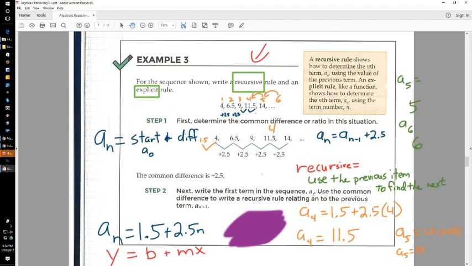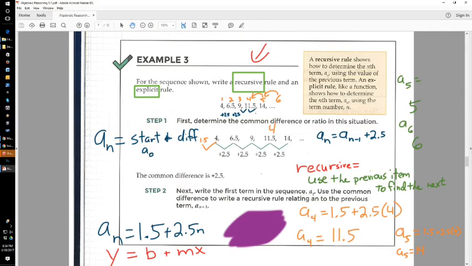You have a place you're starting, so 1.5, that's at point 0, and then for every step, you are adding a certain number. In this case, for every step, we're adding 2.5, so 2.5 times whatever step we're on. If I completely lost you, go back up a little bit, we'll read it a few times. But this is simply a linear equation.